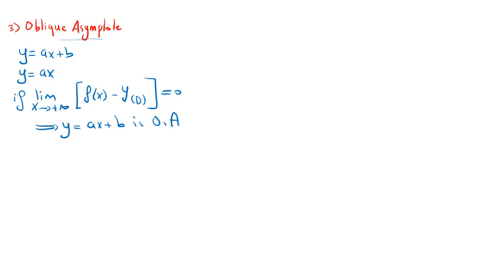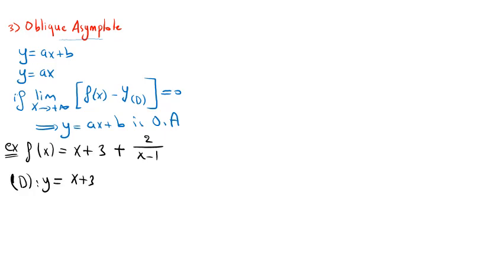For example, if we have f of x equal x plus 3 plus 2 over x minus 1, and line D of equation y equal x plus 3. If f of x has this form, usually the line which is near the fraction will be the equation of the oblique asymptote.